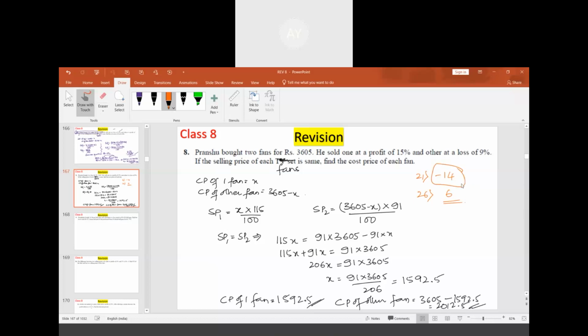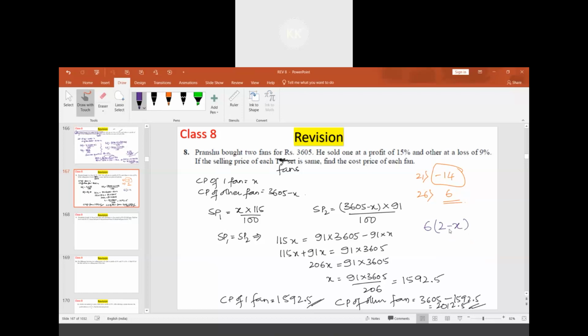And some are making mistakes. Please remember, whenever you are writing a power, say 3 to the power of 16x, some are writing this as 316x, 316 to the power x. This way of writing is wrong. One common mistake I could observe in all the papers: you have 6 times of 2 minus x.